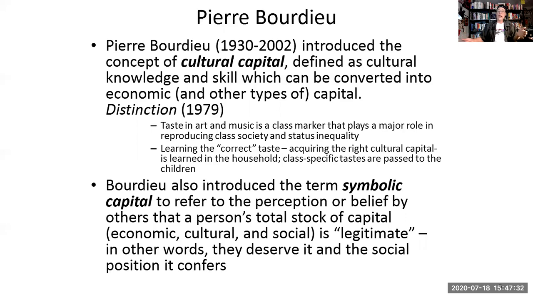For instance, if you only listen to opera and classical music and so forth, and well, let me back up a second. Different socioeconomic groups have different tastes in music and art and all these things. And apart from whatever reason they may have developed that, it tends to be a signal to others of your class status.